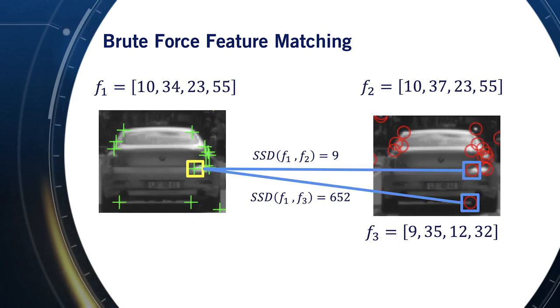Here we get an SSD of 652. We can now repeat this process for every other feature in the second image and find out that all the other distances are similarly large relative to the first one. We therefore choose feature f2 to be our match, as it has the lowest distance to f1. Visually, our brute force approach appears to be working. As humans, we can immediately see that feature f1 in the image is indeed the same point of interest as feature f2 in image 2.